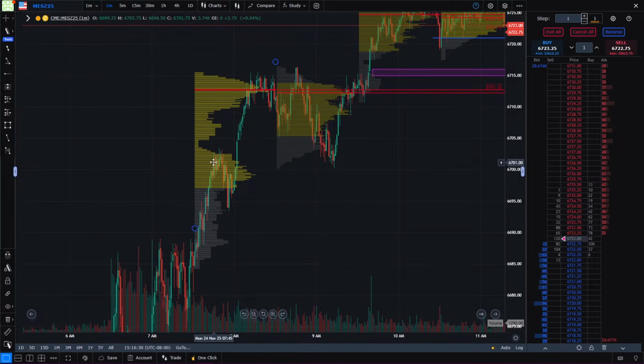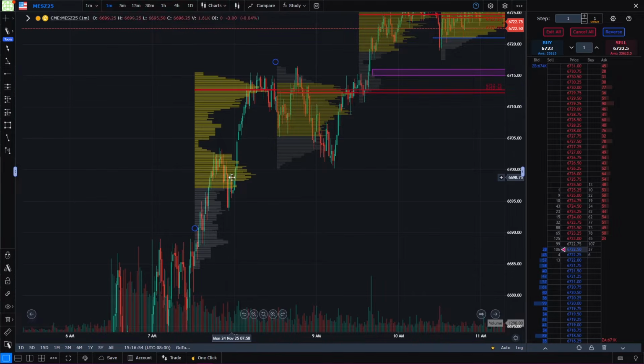And as price came to this level, there was a lot of volume traded between 67.02 and 66.96. So a lot of transactions happened during this time, and for a short period of time, buyers and sellers agreed on value in this area.